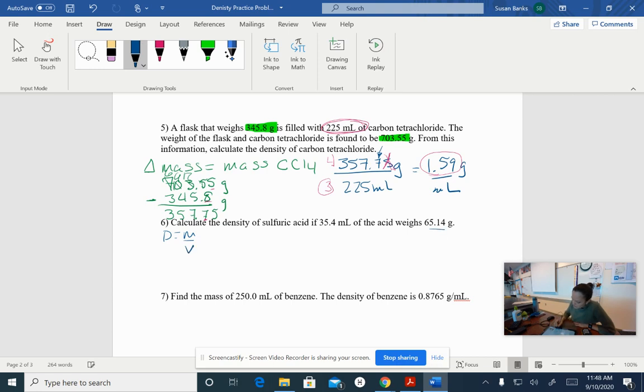So we've got a mass of 65.14 grams, and we've got a volume of 35.4 mils. Okay, so when we do that, 65.14, let's do a divide, 35.4.